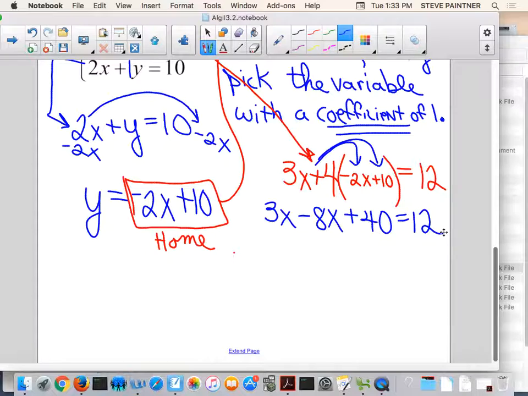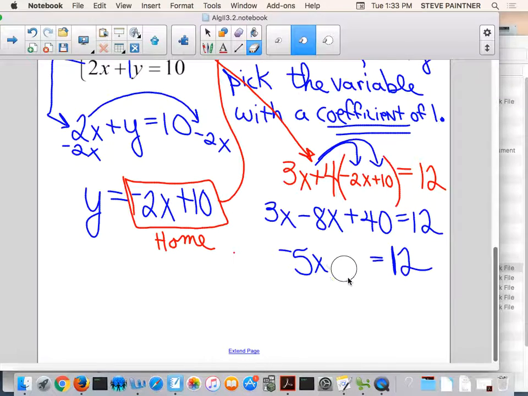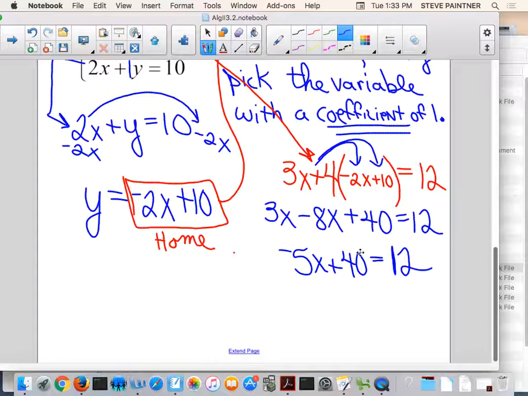Distribute through. Then what's the next thing you should look for on the left side? Like terms. Combine like terms. 3x take away 8x is negative 5x, plus 40. It's 40, not 10. Okay, next. Get the x term all by itself.